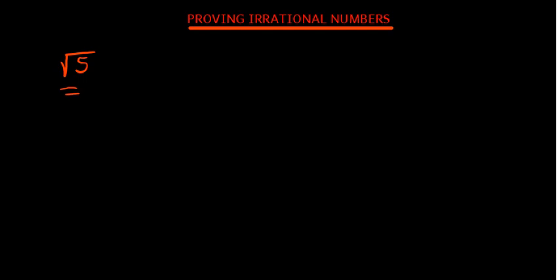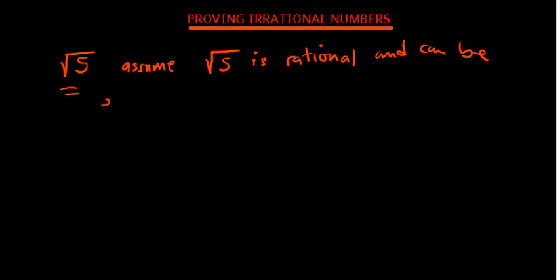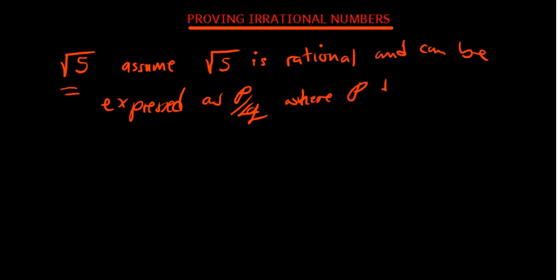To prove this, you have to say: assume this one is rational and can be expressed as p over q, where p and q are integers.